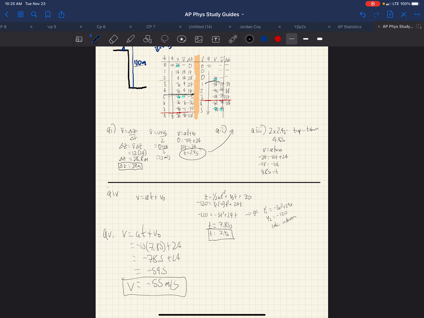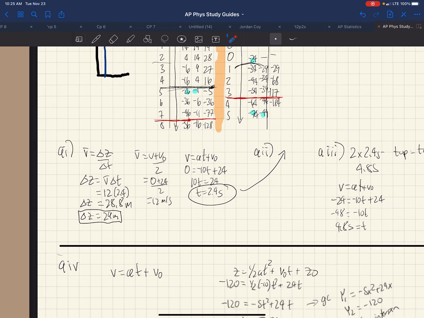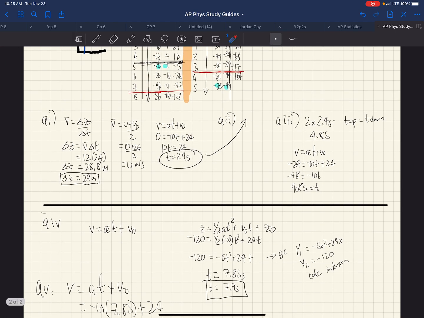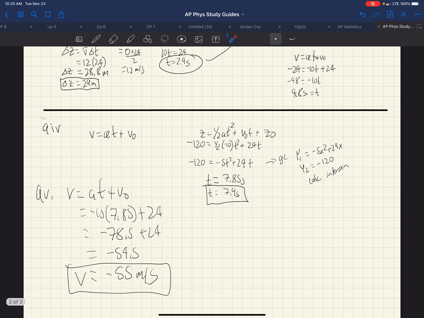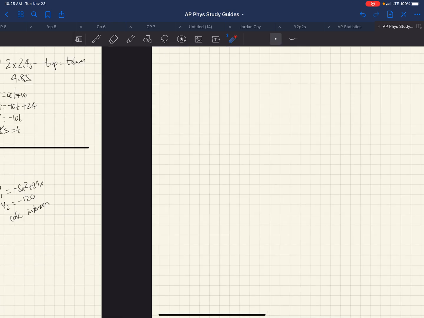And if we look at the table, we said that a height of minus 120 will be attained at this time, and that's between minus 46 and minus 56, and we said it would be pretty close, because 120 is pretty close to 128, and sure enough, we get minus 55. So that's A5. Now moving on to B.